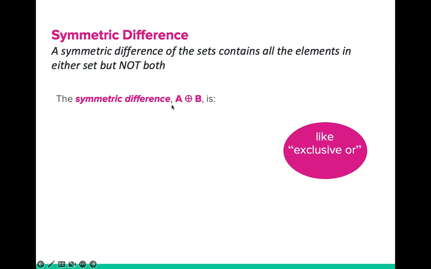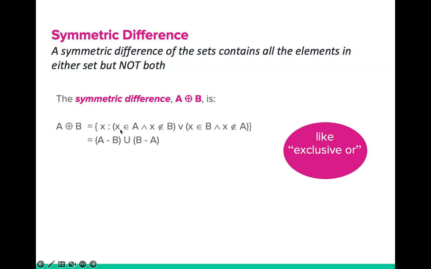So we also denote the symmetric difference between the two sets A and B as A XOR B. Formally defined, A XOR B is a set of all x such that x is in A but x is not in B, or x is in B but x is not in A. These are essentially the formal definitions of A minus B and B minus A.